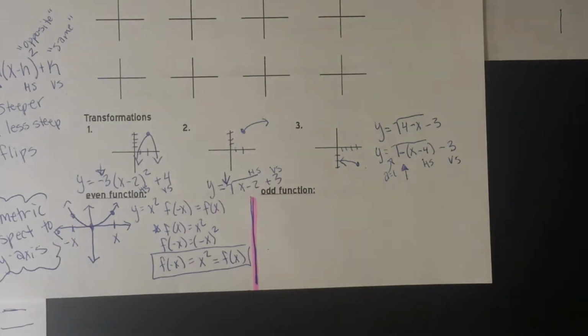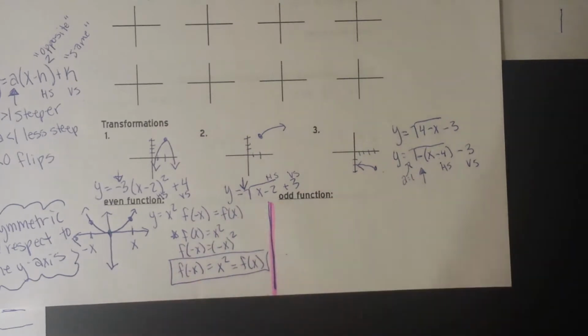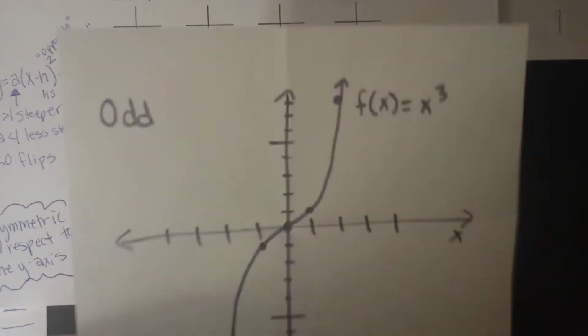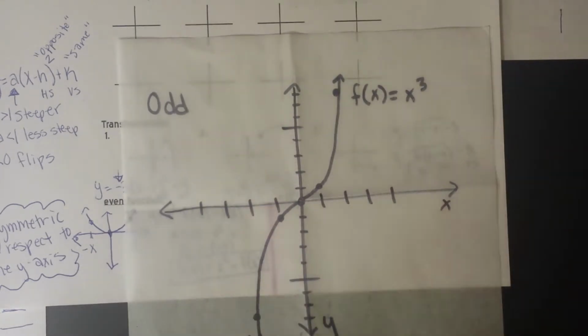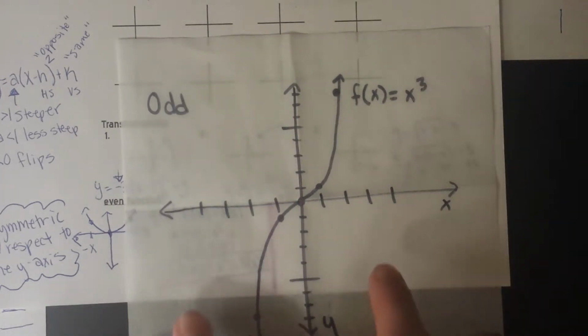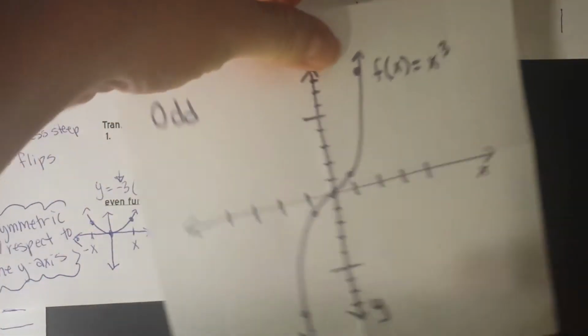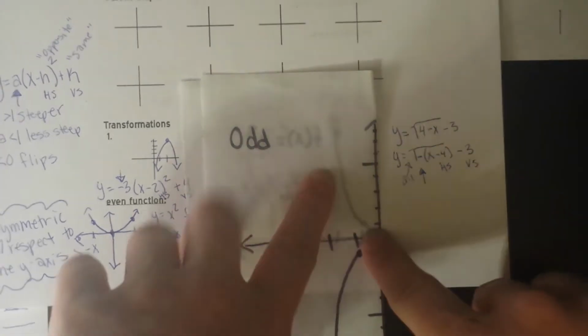Okay, odd functions. An odd function looks like this. It has an odd power, x cubed. Well, guess what? With odd functions, if we fold it around the y-axis like before, you can see through the patty paper that the fold comes up here, but the rest of the graph is down here.